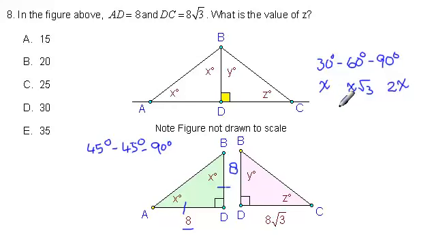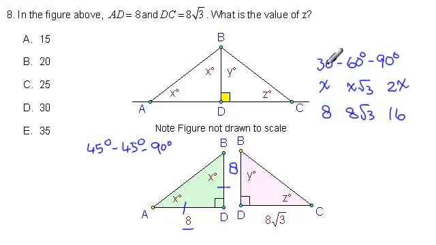So this is the ratio. Now in this question, 8 is the smallest side, the next side is 8 square root 3. Obviously the hypotenuse is going to be 16, but we don't have to really find this, because this information is not being asked in the question.